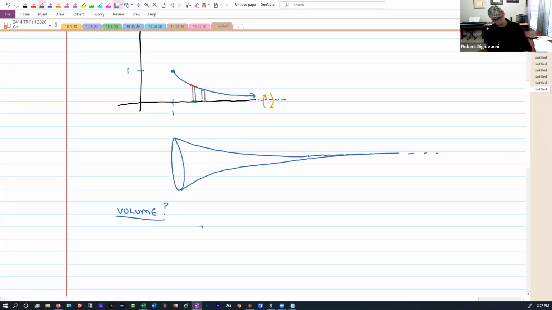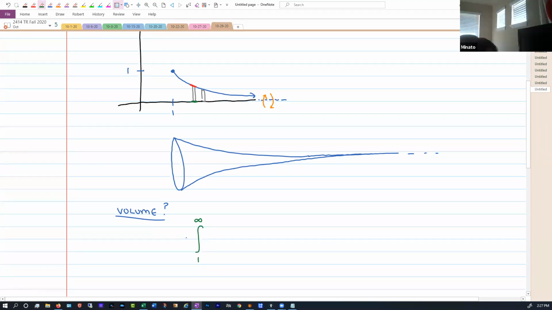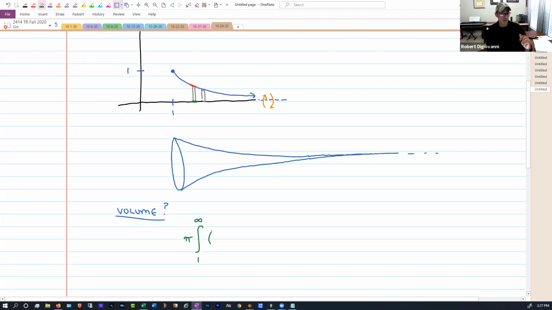It should be the integral from 1 to infinity. We're using washers, so I should have what out front of the integral? Pi. And then it should be my outer radius squared. What's my outer radius? Distance from the axis of rotation to the outer edge.